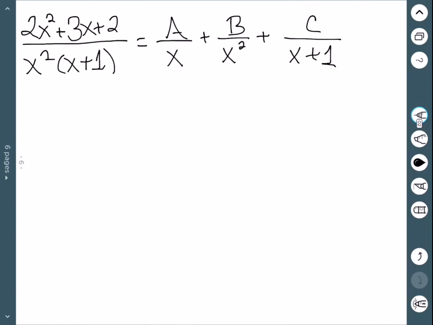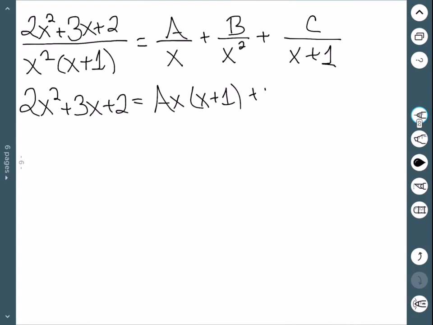We can multiply through by the denominator. On the left, I have 2x squared plus 3x plus 2. On the right, I end up with Ax(x plus 1) plus B(x plus 1) plus Cx squared.